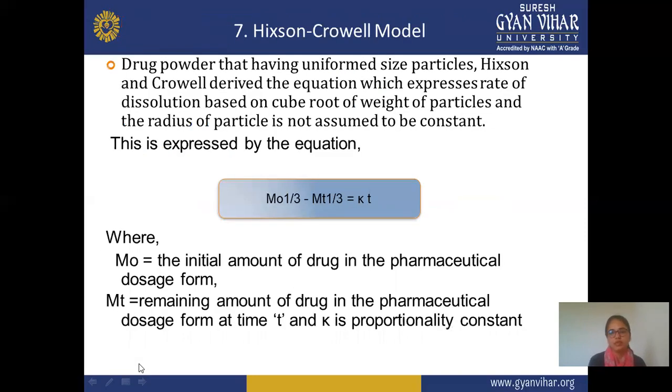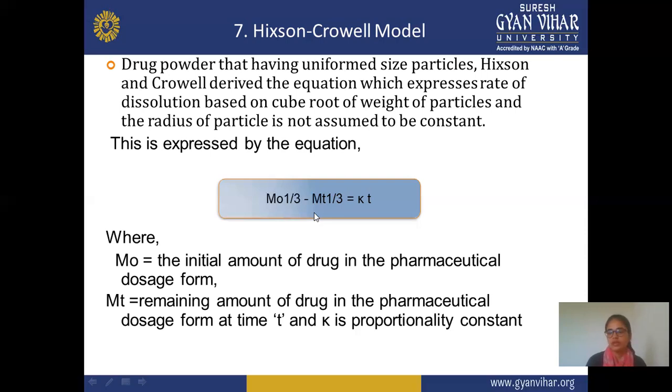Next is the Hixson-Crowell model. It's the next model, the seventh model. In this, for drug particles having a uniform size, Hixson-Crowell derived an equation expressing the rate of dissolution based on the cube root of the weight of the particle, and the radius of the particle is not assumed to be constant.